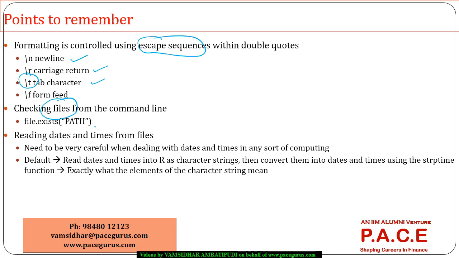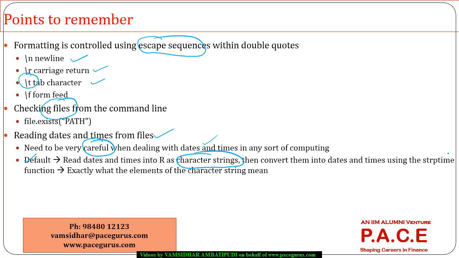Now, if I have to read dates and times from the files, of course I'll take it as a separate session altogether. We have to be very careful when dealing with dates and times for any kind of computation purpose. By default, when you are getting it from a CSV file, the dates and times are read in the form of character strings.